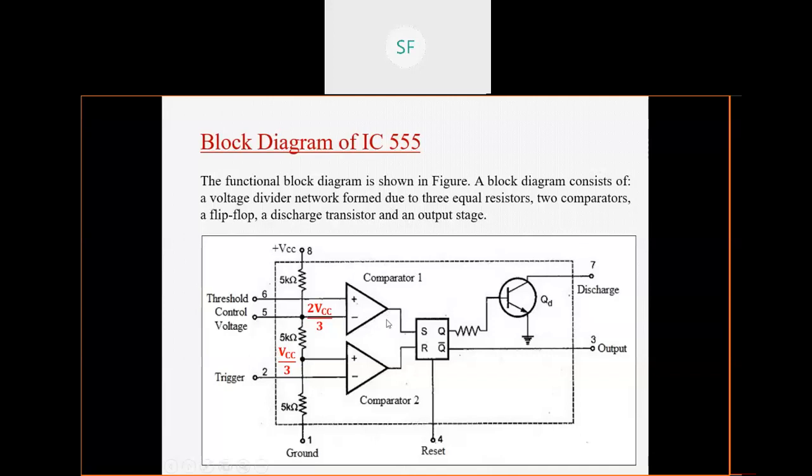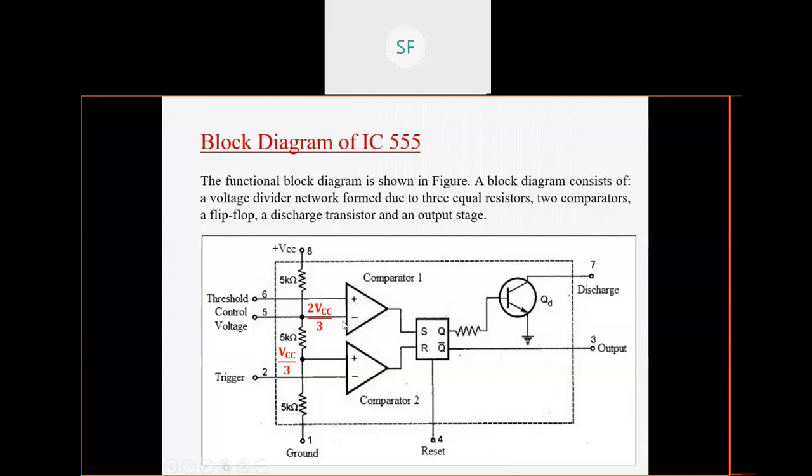So the logic we have used in finding out the output of comparator is very simple: the comparator output will be either 0 or 1. अब 1 कब होगा output? When the voltage at positive terminal is greater than voltage at negative terminal, then the output will be 1.